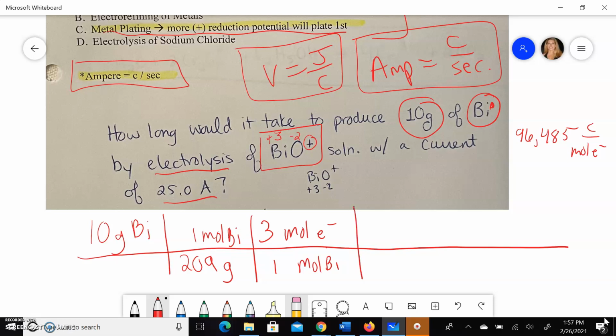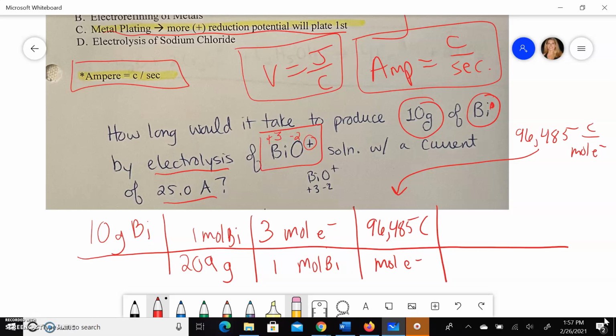Now we can use Faraday's constant. Okay, so if we stopped here, we would have coulombs. We don't want coulombs, so we're going to keep on going. We do have amps though, and notice that coulombs are in amps. An amp is a coulomb per second, so we're going to flip that upside down so that it's seconds per coulomb.